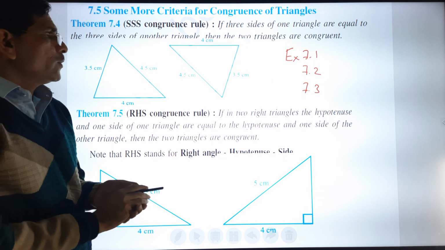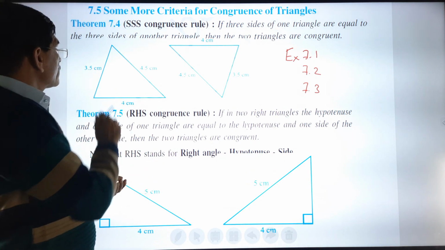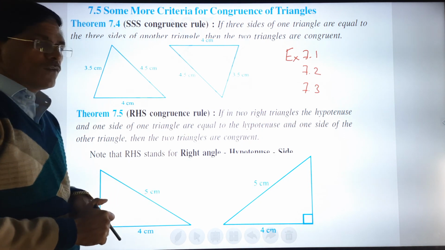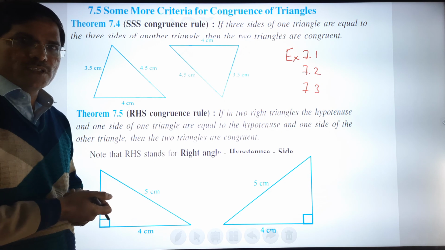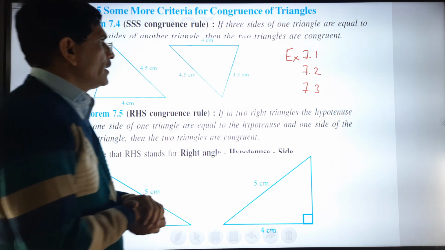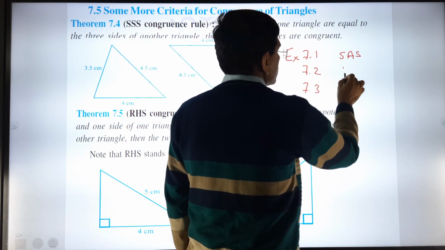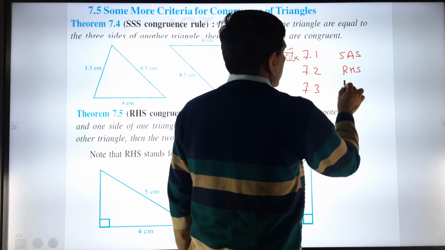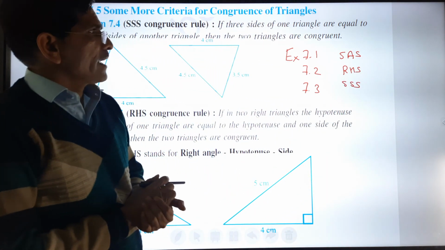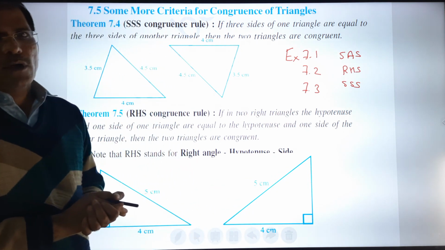You have to complete everything in your fair book. And the 5 theorems 7.1, 7.2, 7.3, 7.4 and 7.5: out of these, only one proof is useful to us, and the others we have to write as points. And we have also completed the SAS, SSS and RHS rules, so 4 or 5 criteria we have already completed.